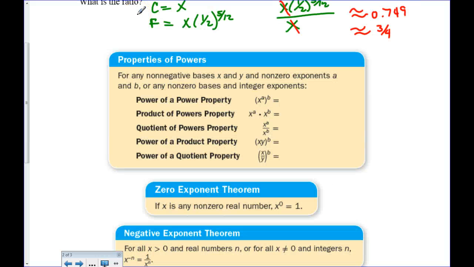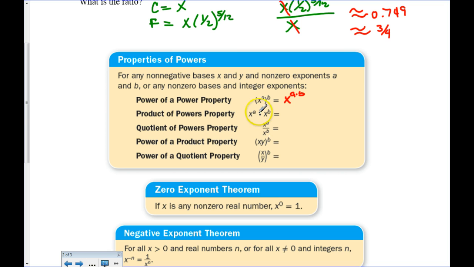These are the basic rules of exponents. You guys should remember this from before. So this would be x to the what power? Not a plus b, a times b. I thought it was only times if it was x to the a to the b. Yeah, it is. That is x to the a to the b.